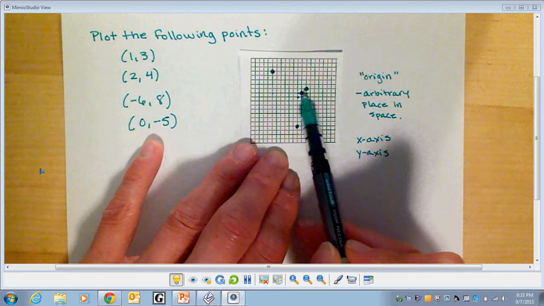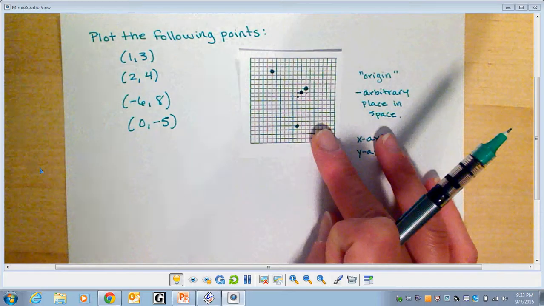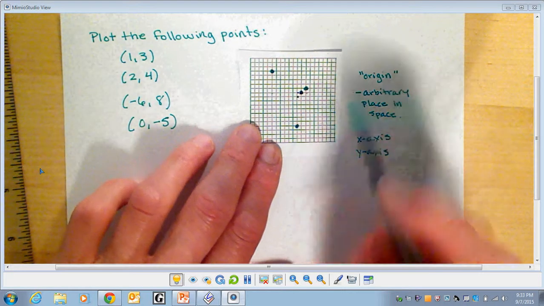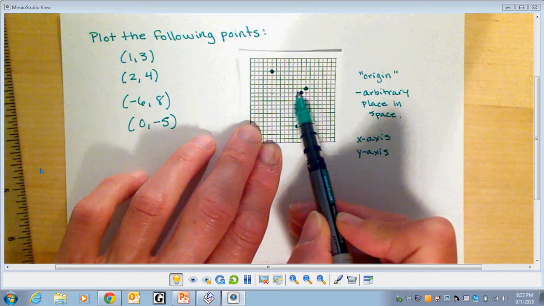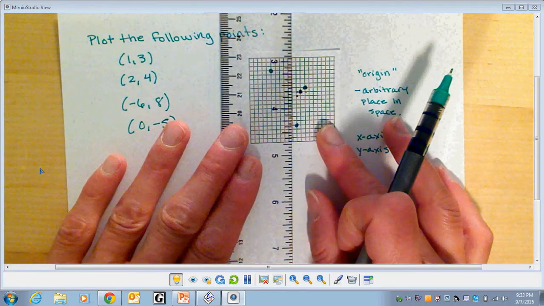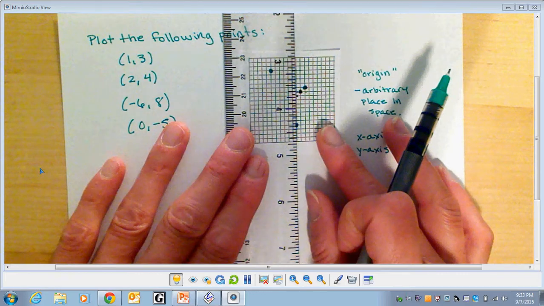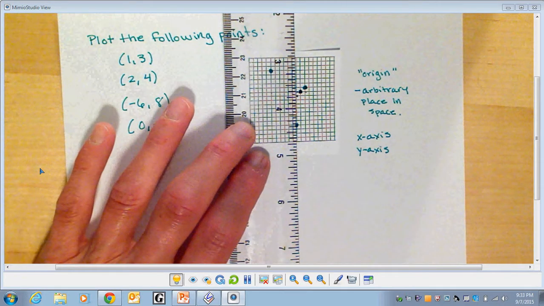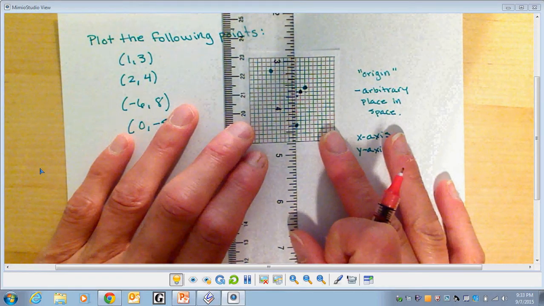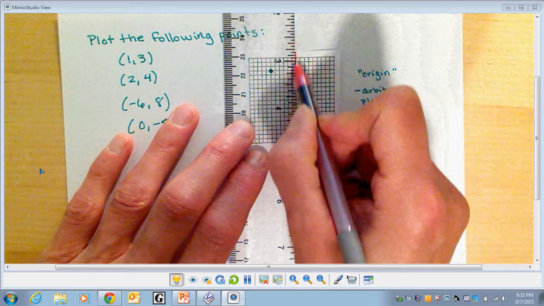Since I've already put this at 1, 3, I know that my x value of 1 is here. So my x value of 0 is right next to it, which means my x value of 0 has to go through there. Everything along that line has to be where x is 0. So that's one axis.